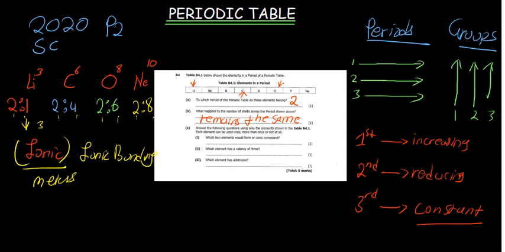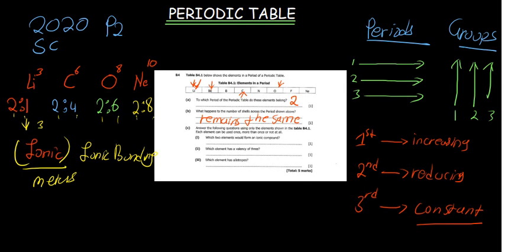All right, so we can pick one from these two metals that we have. We have lithium, which is a metal, and we also have beryllium, which is also a metal there. So that is what the question is basically asking for.